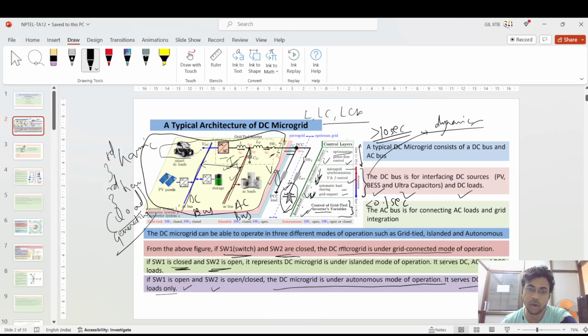In the secondary control feature, this is the microgrid synchronization, because you have a voltage generated from this inverter, that is the AC voltage, three phase AC, and your grid is also a three phase AC system. So the voltage of the A phase should synchronize with the voltage of the A phase here, because if it is not in synchronism, there is a mismatch between the magnitude and between the phase.